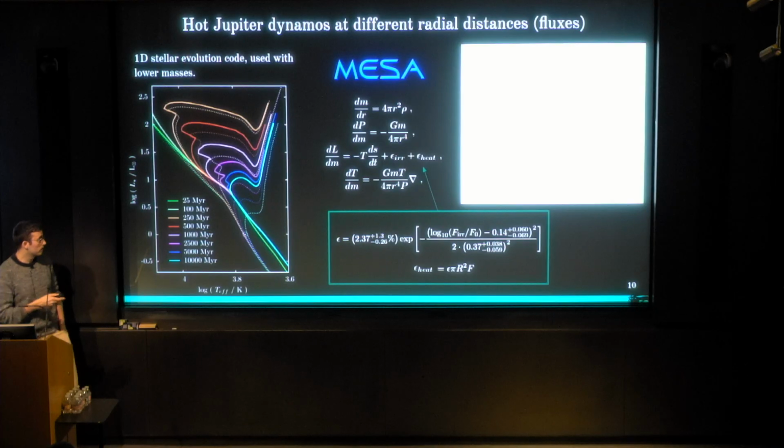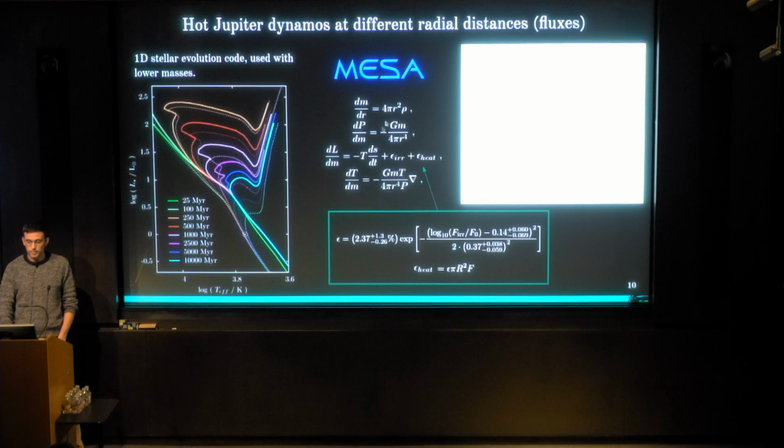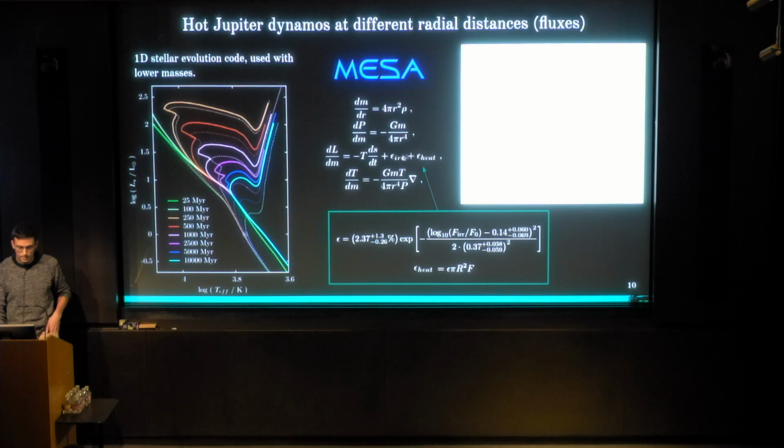So what did we do? Well, we took the MESA code, which I'm sure everybody here knows, and we evolved these models where the energy equation has not only the irradiation term, but also the heat term.